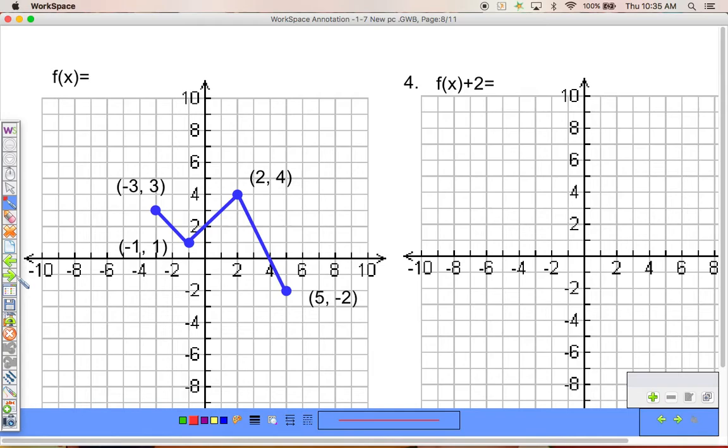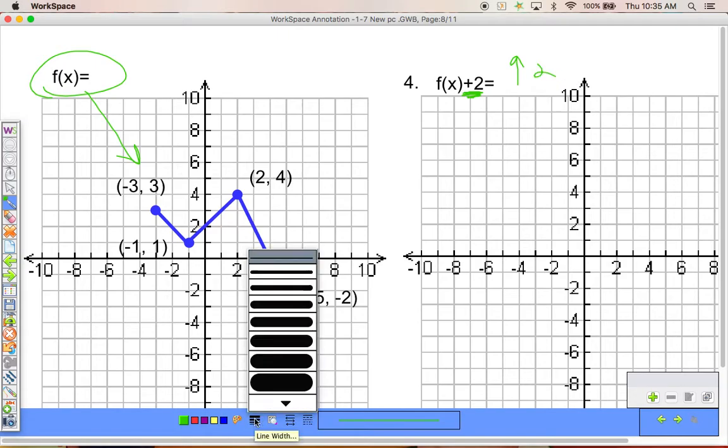Again, same picture from the beginning. This is my f of x. I'm going to ask you to do f of x plus 2. So all this tells me to do is take my f of x function and move it up 2 units.